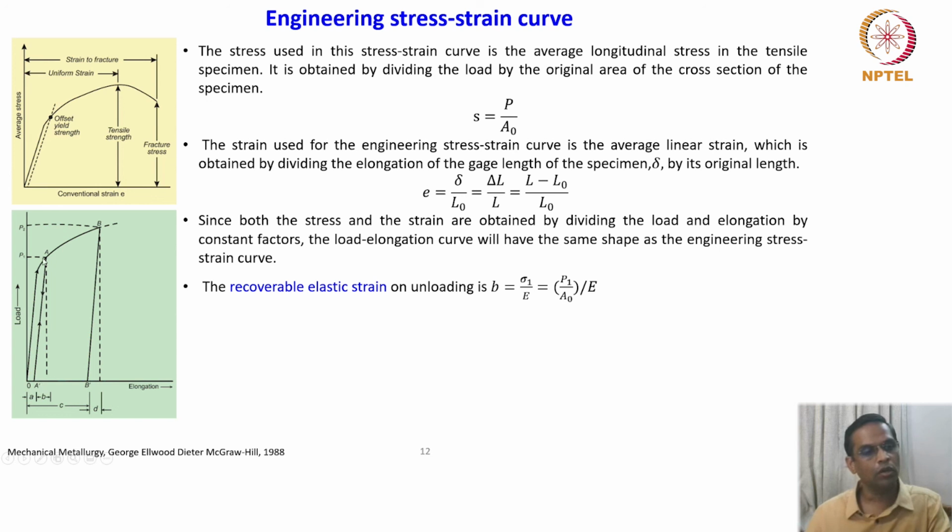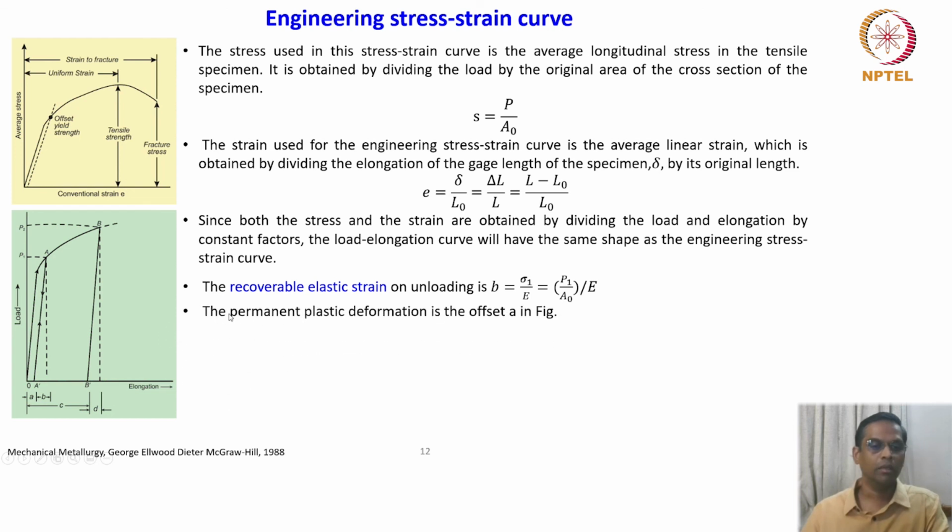Then what happens? Corresponding to this point A, the strain is supposed to be somewhere here. But what is it that we are landing at? We are landing at A1. So this OA dash is the permanent strain, but A dash to this point, that is B, is the recoverable elastic strain on unloading, which is measured as sigma 1 by E, which is nothing but P1 by A naught divided by E. So this is recoverable.